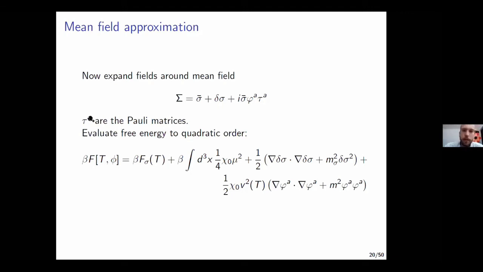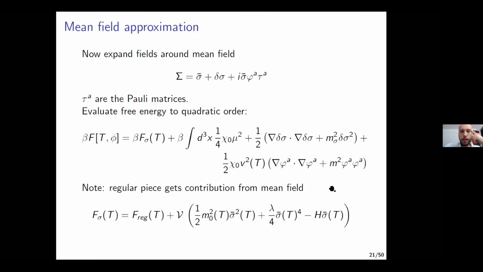And again, tau A are the Pauli matrices. And now what we do is we take the free energy that I alluded to before, and we can expand to quadratic order. So you have the full free energy, you'll have the regular piece, and then you'll have a chemical potential part, and you'll have the quadratic terms in delta sigma, and you'll also have the quadratic terms in the phase.